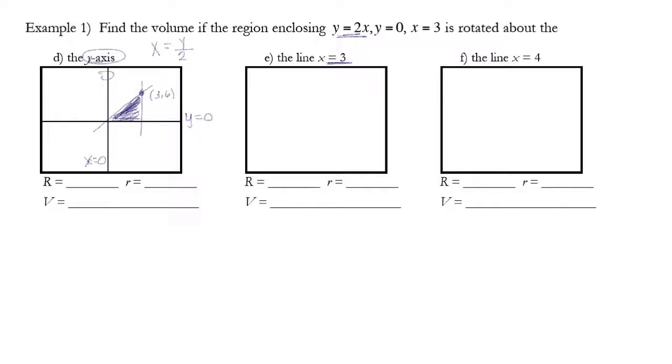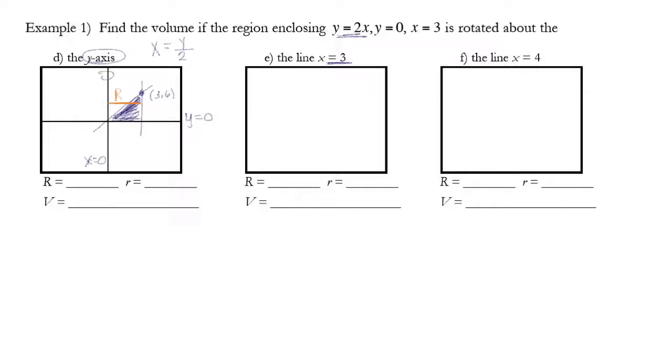All right, so again, our axis of rotation is the y-axis, and we still define our area the same way.